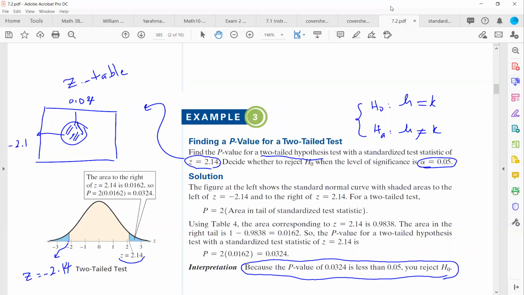Now, since the area is split in halves, half of it is on the left-hand side, half of it is on the right-hand side, you multiply it by 2 to get the total area. This total area is less than your level of significance. So you have to reject the null hypothesis.